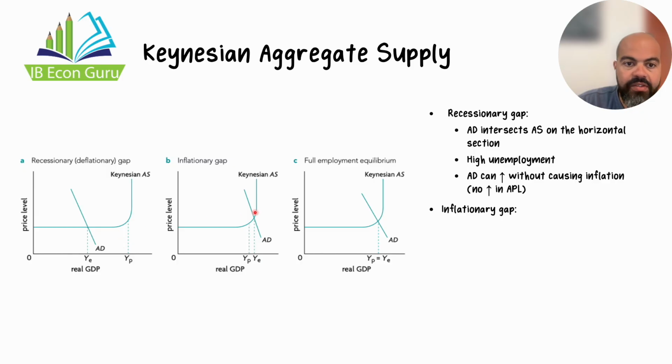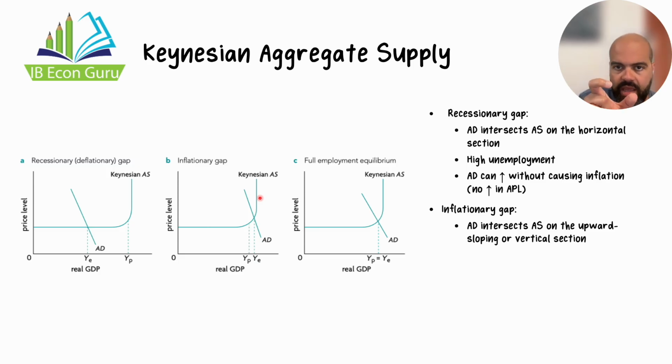All right, what about an inflationary gap? An inflationary gap happens when aggregate demand intersects aggregate supply on the upward sloping or the vertical section. So any intersection of aggregate demand with either section 2 of the Keynesian AS curve or section 3 will create an inflationary gap equal to YE, equilibrium real GDP, which is the intersection of AD and AS, minus YP.